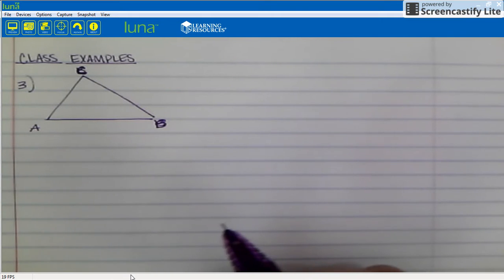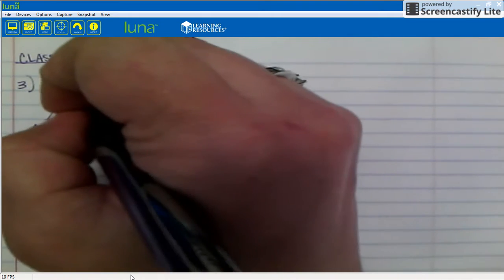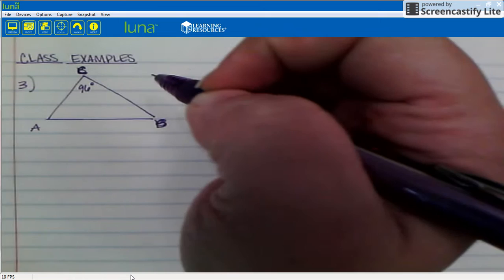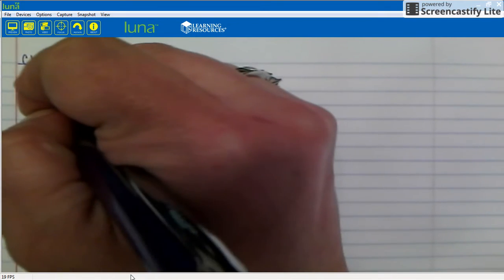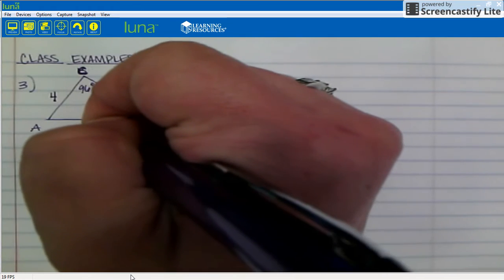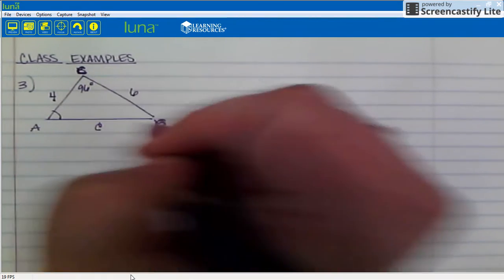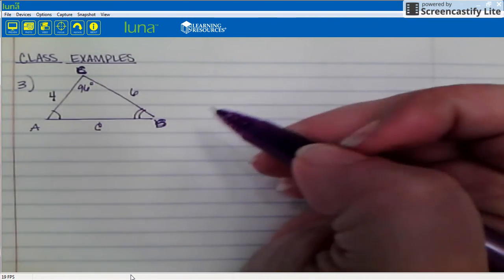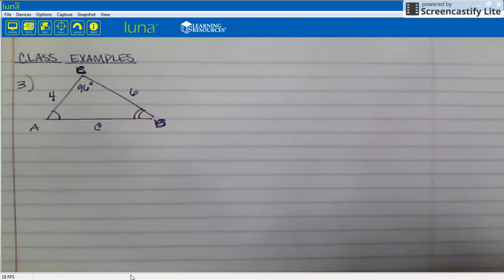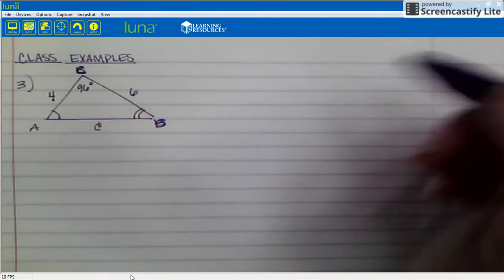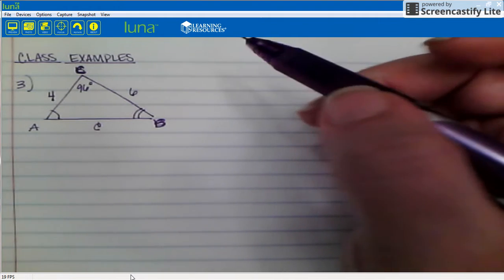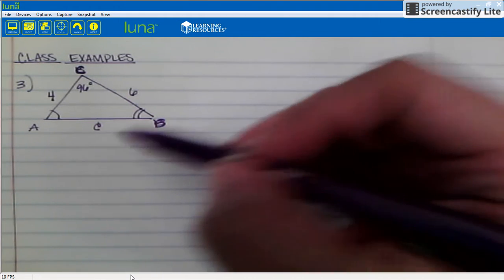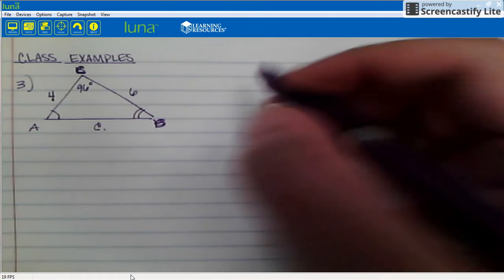I have A, B, and C, and I'm told that angle C is 96 degrees, A is 6, B is 4, and we have to solve for the measure of angle A, the measure of angle B, and side little c. So if you use that process that was given to you, the very first thing I'm going to do is use the law of cosines to find little c.